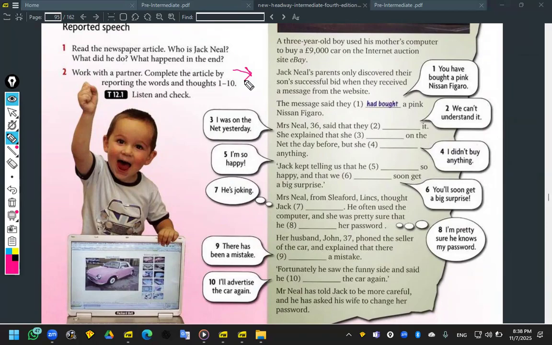But be careful about these thoughts from 1 to 10, because they are written in direct speech, and now you have to report them by writing them indirectly. So read it fast, then we will listen to the recording.